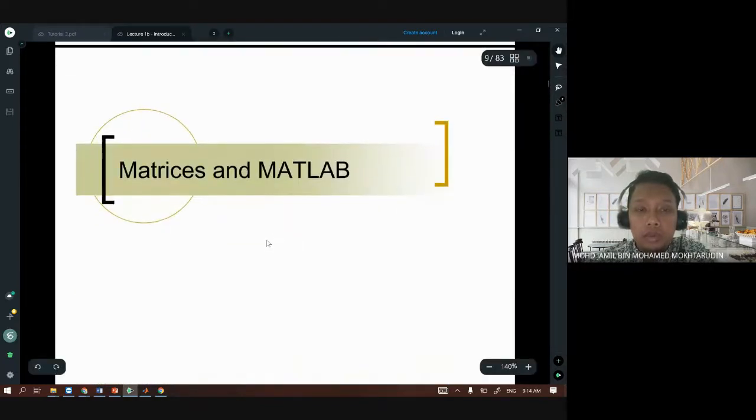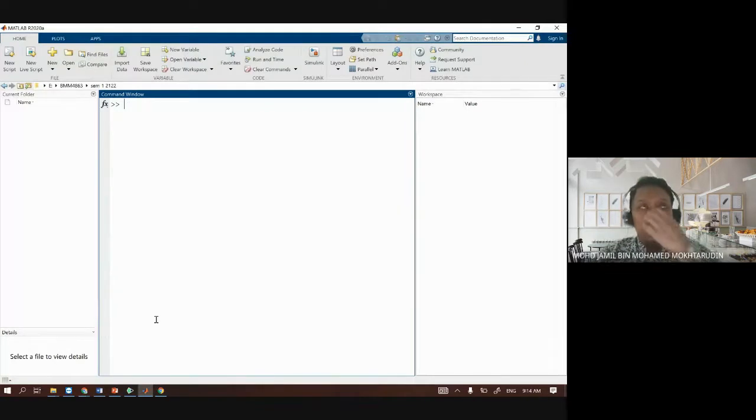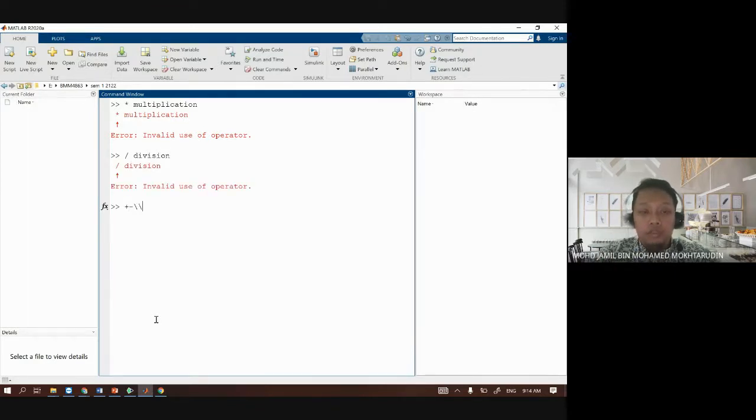Okay, so before that, in MATLAB, it uses these common symbols for mathematical operations, like star represents multiplication, and we have slash ke arah kiri for division, and we have plus and minus as usual, and we have power represented by this symbol.